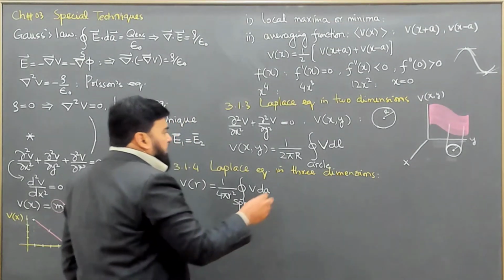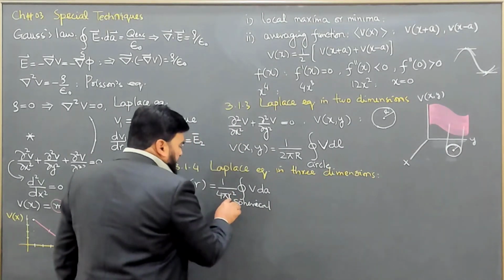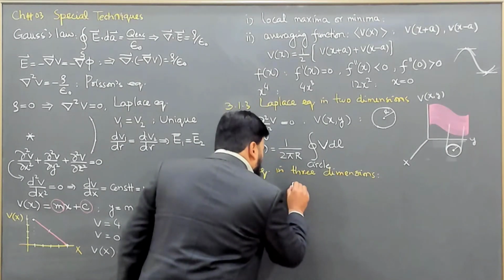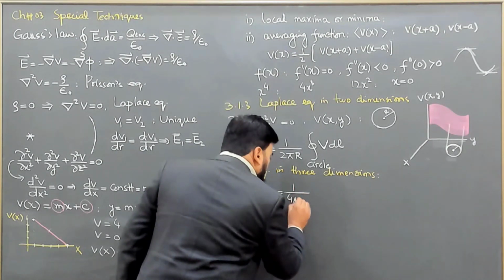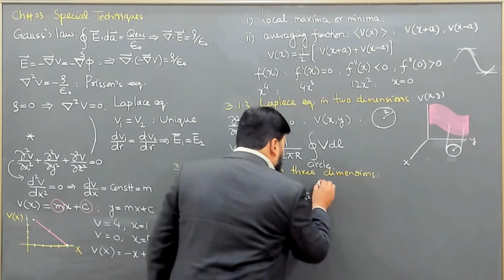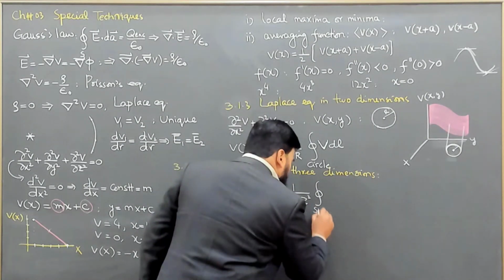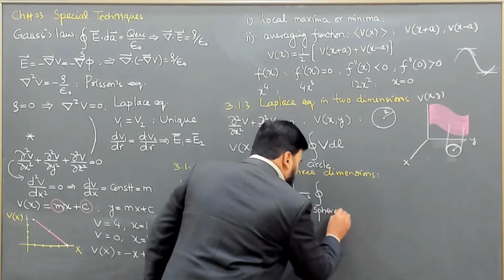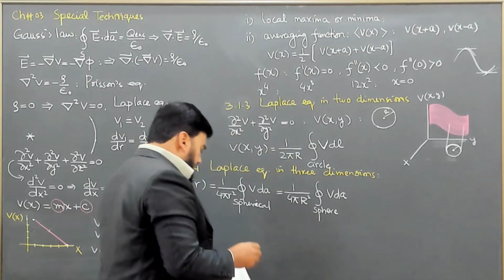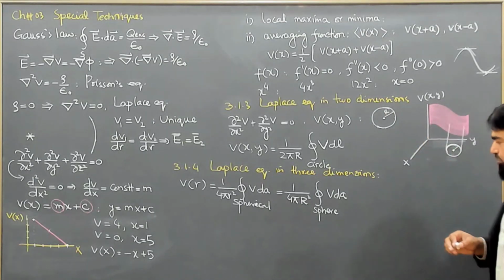We consider a sphere of radius R, so V of R will be 1 over 4 pi R squared times the integral of V dA over the closed spherical surface. When we consider such a situation, what does it mean?